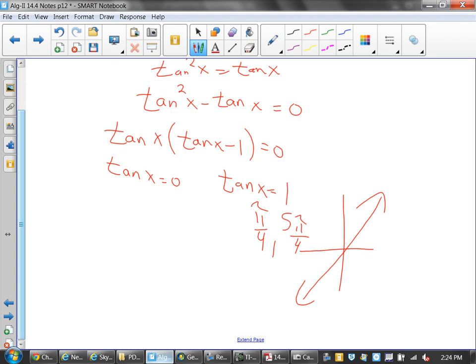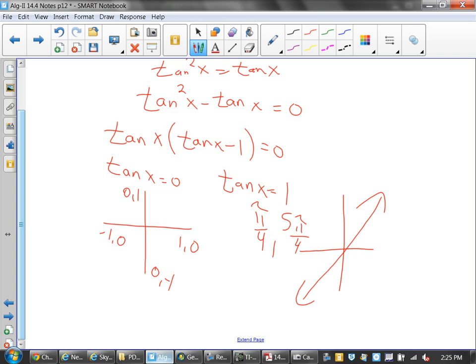Now think about this. Where is tangent going to be equal to 0? Tangent's what over what? Sine over cosine. In order for tangent to be equal to 0, which one of those has to be 0?